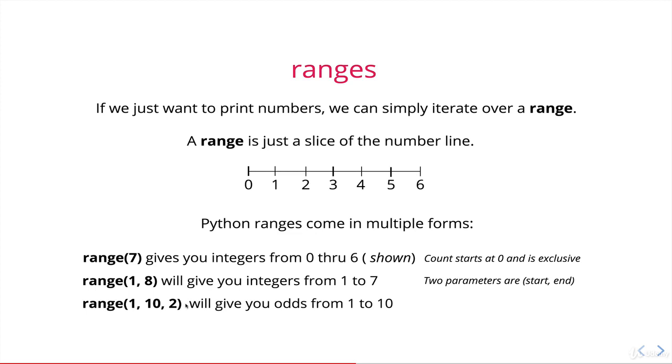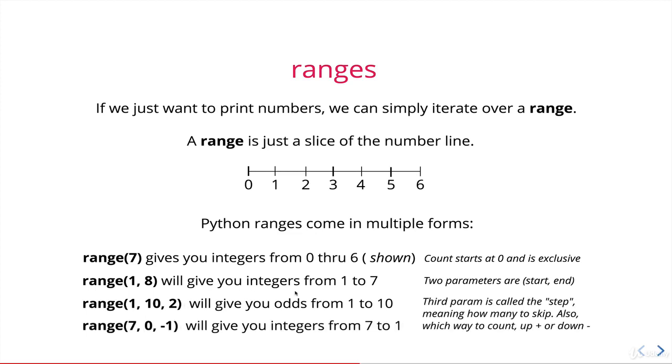So we pass in a third number, and this third number is known as the step or interval. It basically means how many numbers to skip or what the interval is in our sequence. So in this example, we generate the numbers from 1 to 10, not including 10, but we skip 2 every time. So we start at 1, we skip 2 and go to 3, and then 5, then 7, then 9.